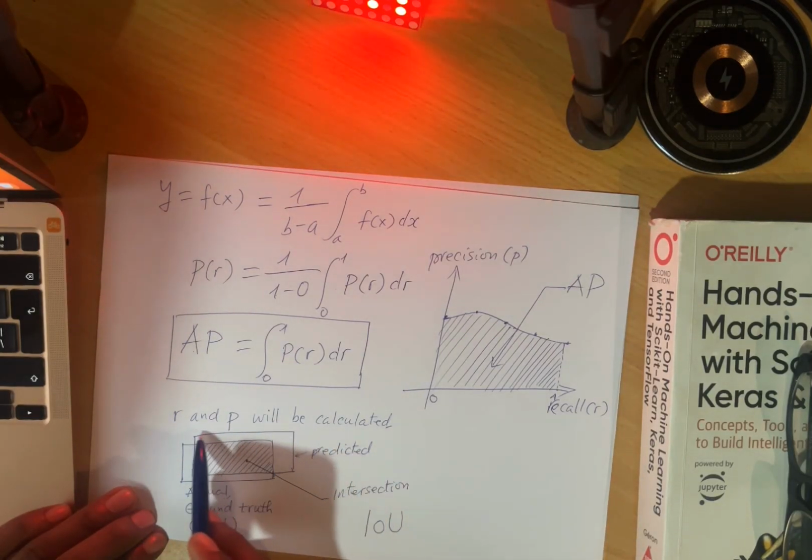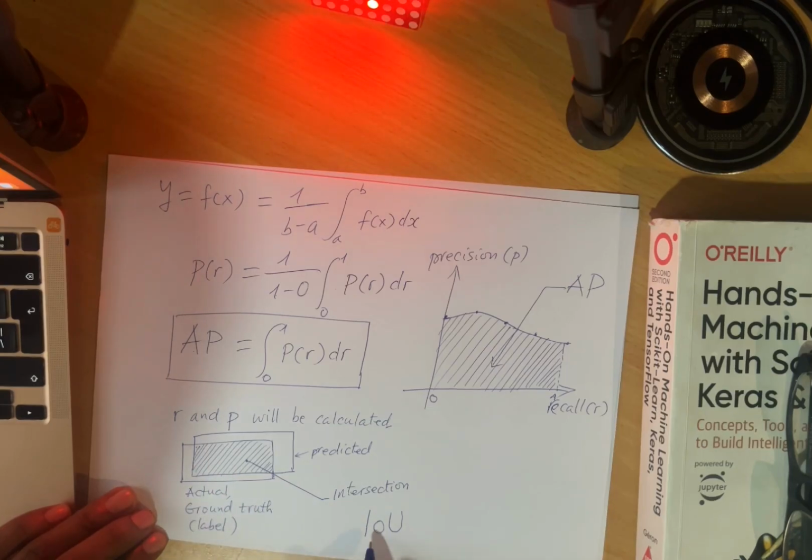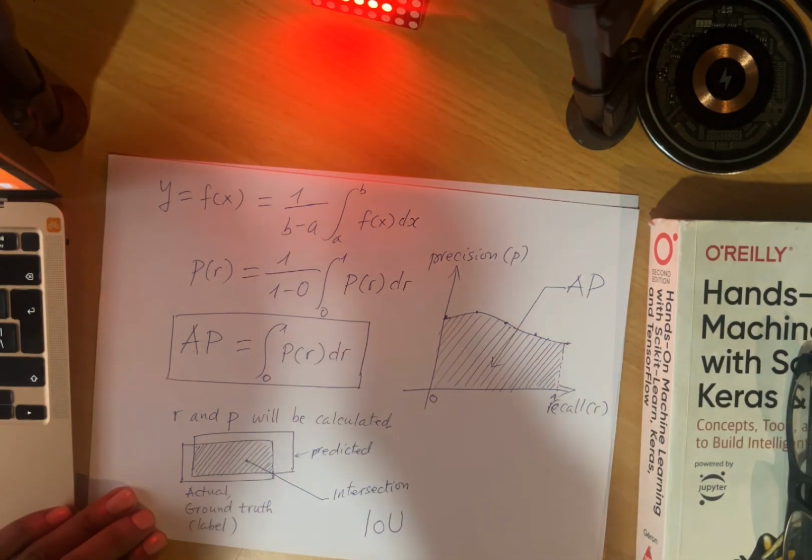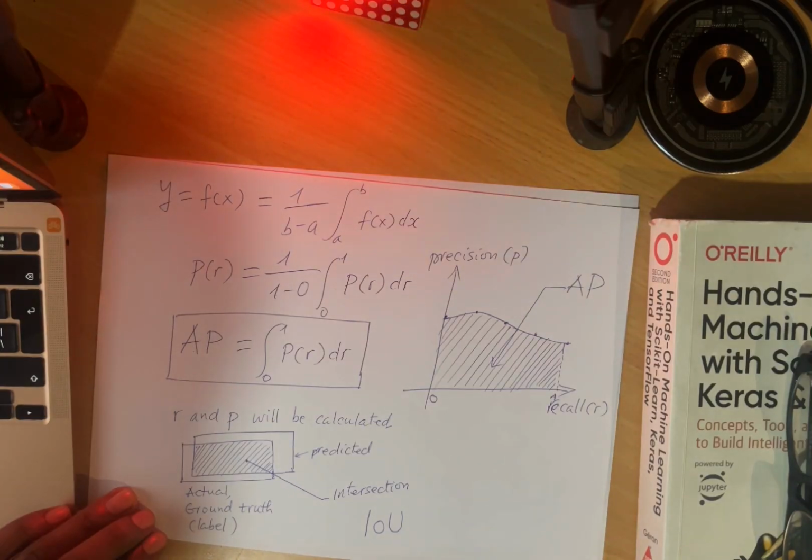We take all this union and then we take this intersection. The ratio of intersection over union will show us the precision, how precise the model is at detecting the location of the object on the image.